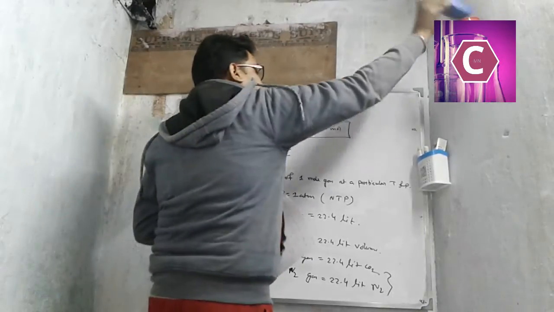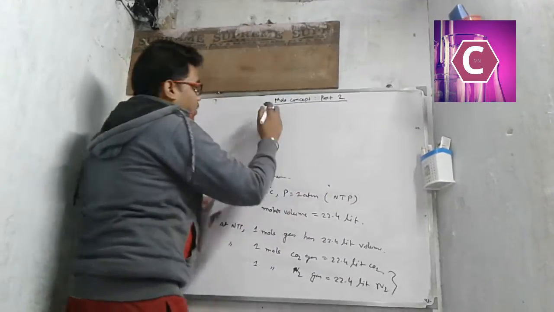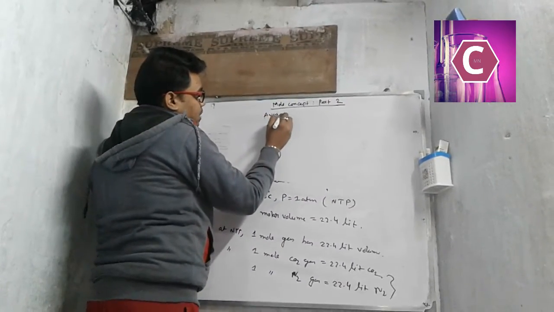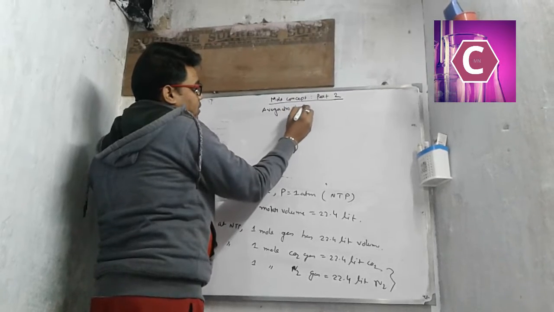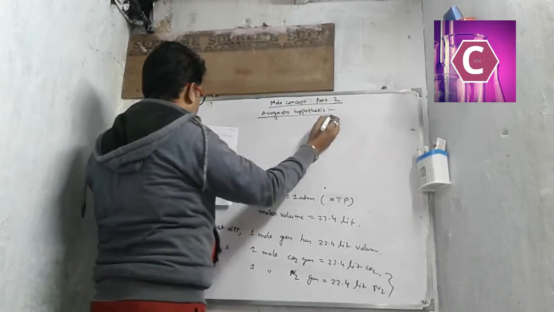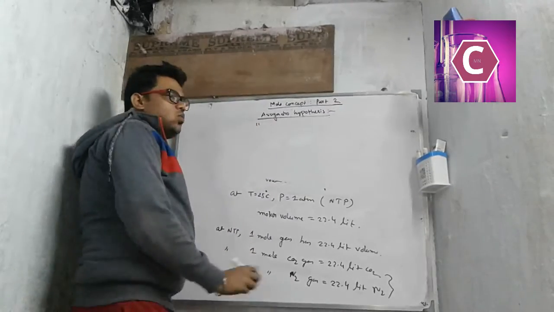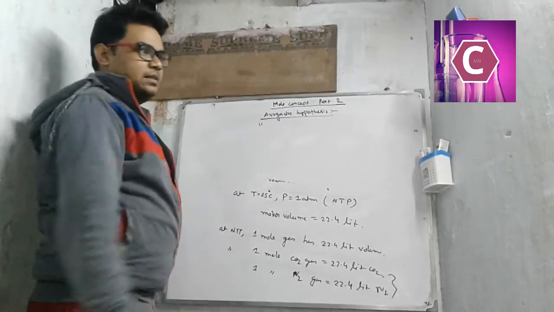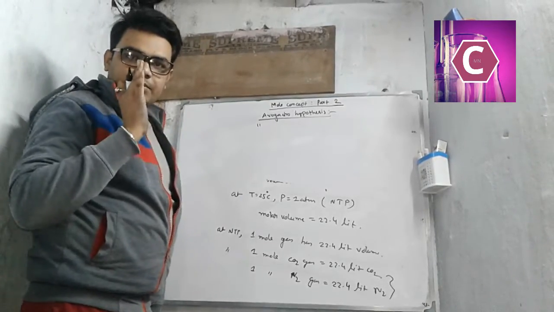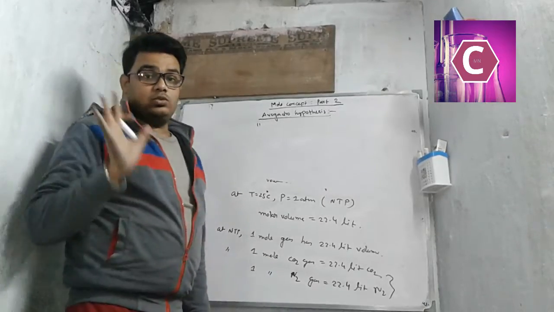Now, what is Avogadro hypothesis? It states that equal volumes of all gases at the same temperature and pressure have the same number of gas molecules.